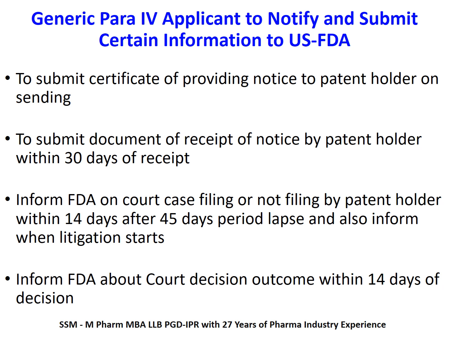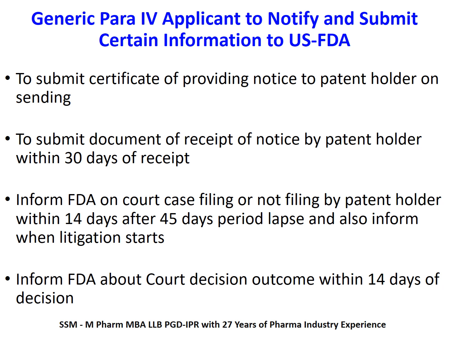Then the generic applicant has to submit the document of receipt of notice by the patent holder within 30 days of receipt of that notice. Then the generic applicant has to inform FDA on the court case filing or not filing by the patent holder within 14 days after the 45 day period lapses.